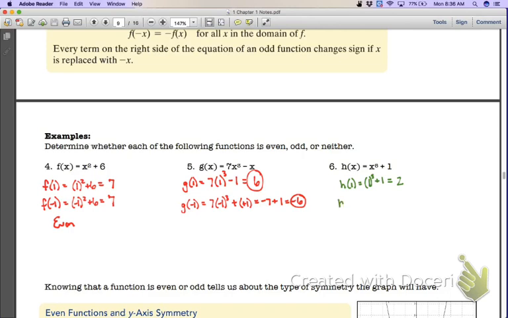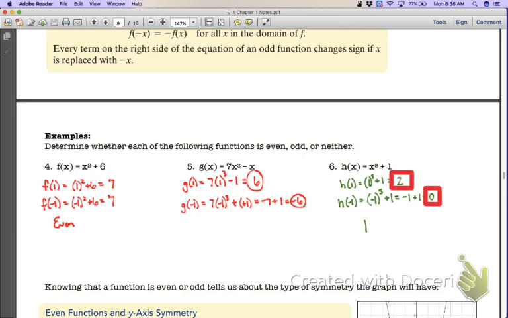Whereas if I have h of -1, I have -1 to the 5th plus 1. So -1 plus 1 is 0. What's the problem here? They're not the same and they're not opposite.